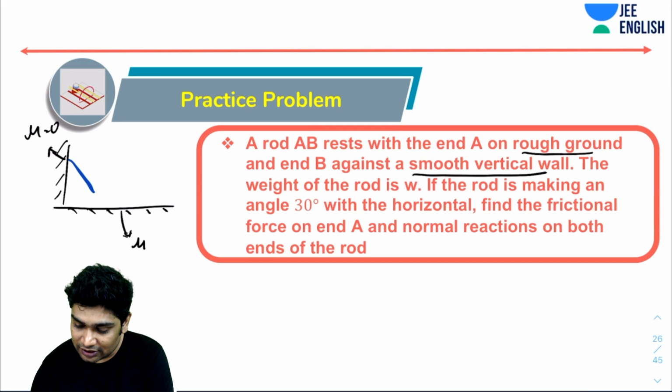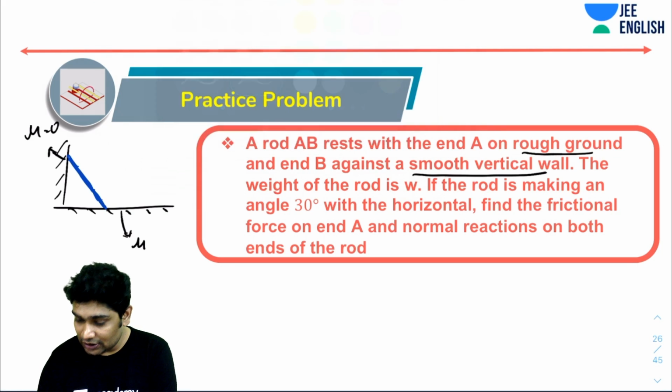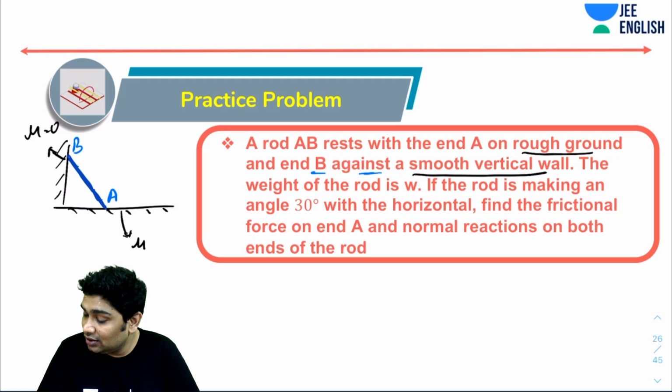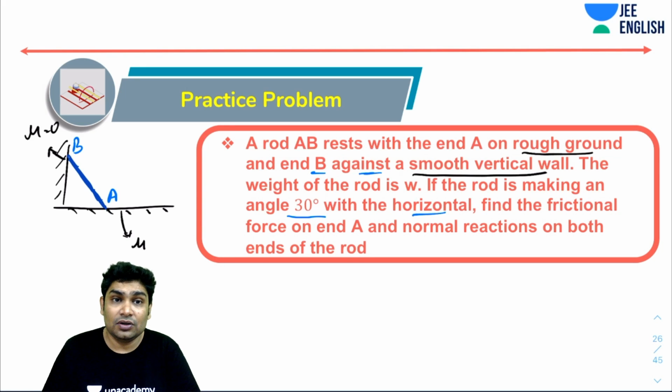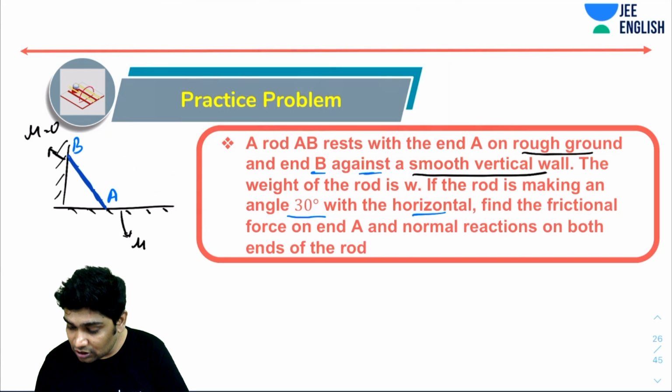Imagine this is the rod. That is end B of the rod. End B is resting against the smooth wall. End A is placed on this ground, and the rod makes an angle of 30 degrees with the horizontal. Let's mark that also for our reference. So this angle would be 30 degrees.